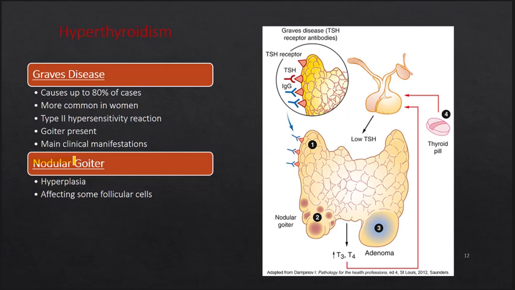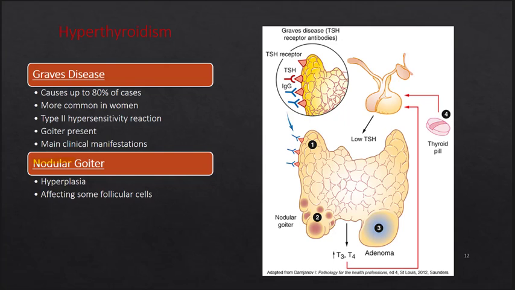But sometimes some of the follicles that had enlarged don't return to their normal state and they can form nodules. These nodules can cause an increase in thyroid function in that particular area. Sometimes these nodules can actually be palpated as well.